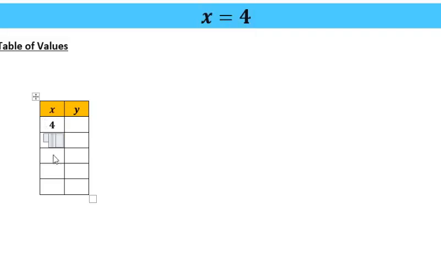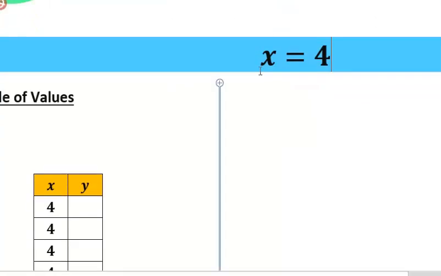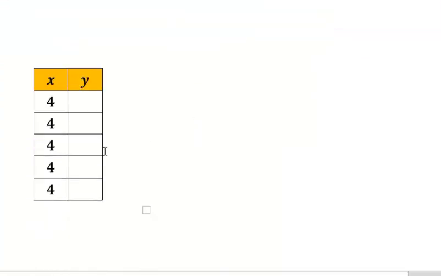So I'm going to have to put 4 on all of the x's. It's not the usual -2, -1, 0, 1, 2. In this case, the x is 4 because the formula is telling you that x has to be 4 and not another number. Now, the formula doesn't say anything about y, so letter y can be any number.